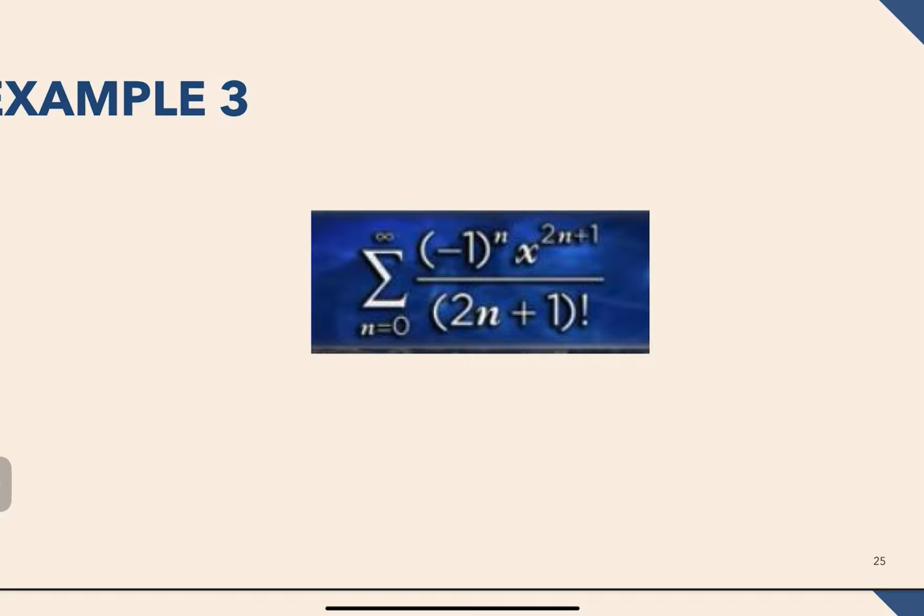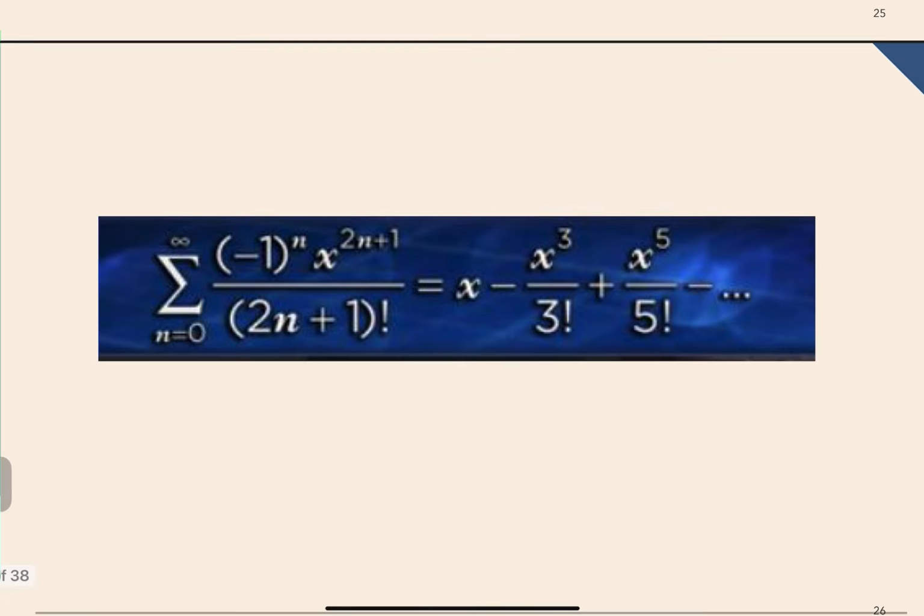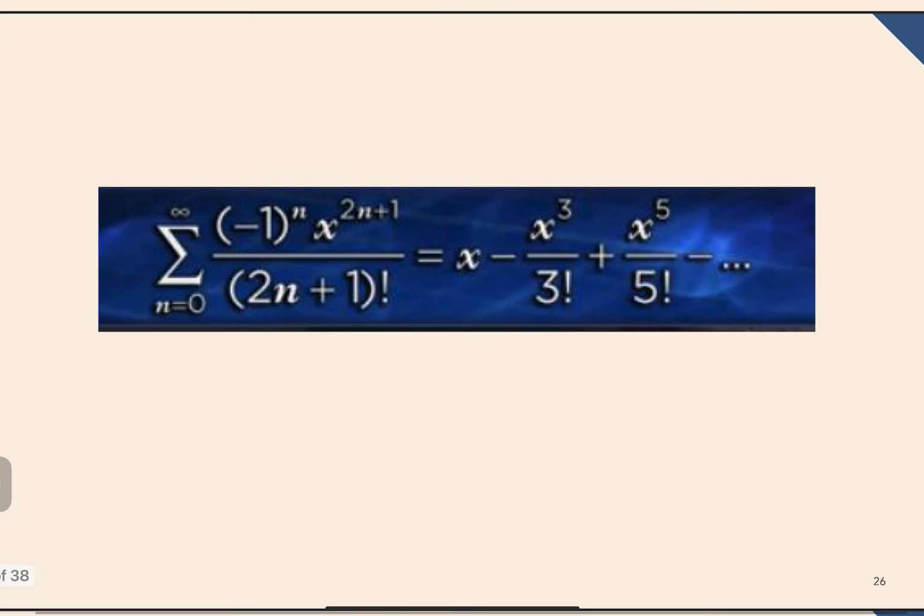So let's write out a few terms of the series. When n is 0, this is raised to 0, this is 0 plus 1, so x raised to 1. So this is 1x over 1 factorial, so it's going to be x. So the first term is x.